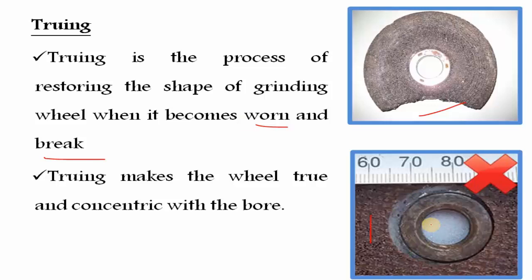If the same wheel is used after that, it may slip and affect the worker. So once you remove the grinding wheel, you have to verify and ensure that the distance between both sides is equal. Only then fix it on the spindle. Otherwise we will not get the expected results from the grinding.